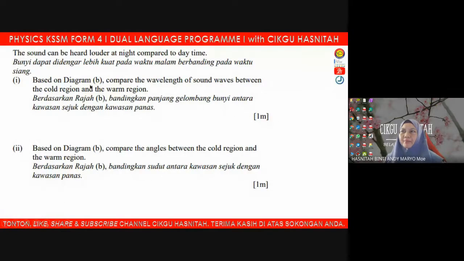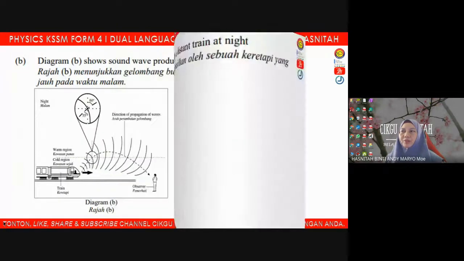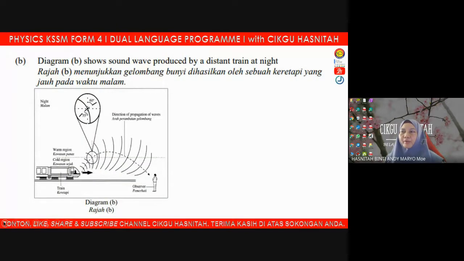Okay. So what is the question? Based on the diagram, compare the wavelength of sound between the cold region and the warm region. So how to compare the wavelength in the cold region and warm region? Look at the wavelength. Cold region is down here. See the wavelength? And warm region is up there. So which one is shorter, which one is longer?